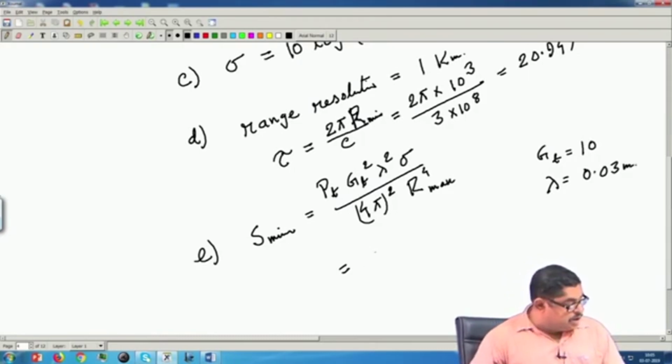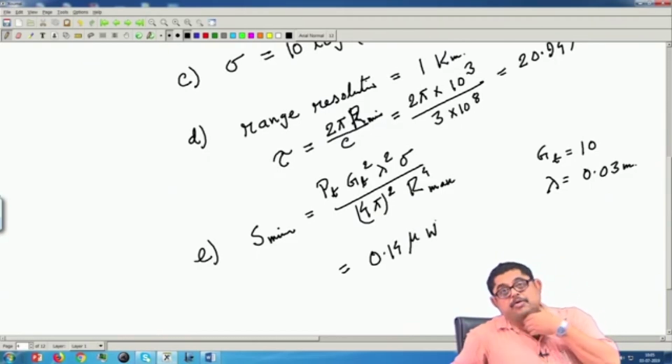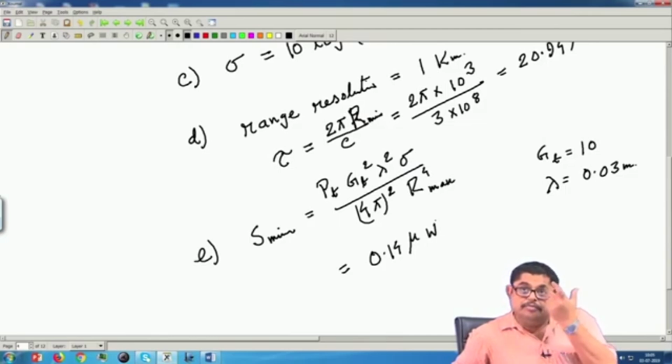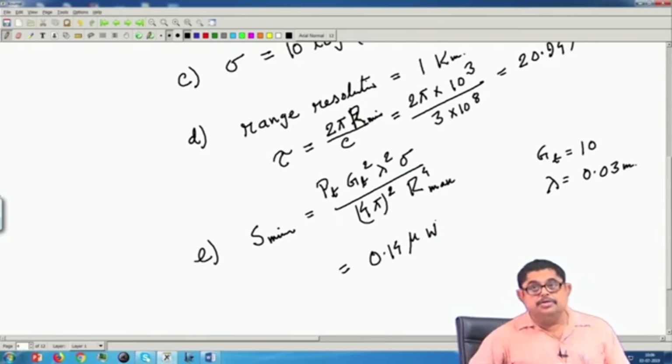Then you will see that this comes to 0.14 microwatt. Sorry, 0.14 microwatt, that means even less than 1 microwatt, it should be able to sense. So, it needs to be a very sensitive receiver.